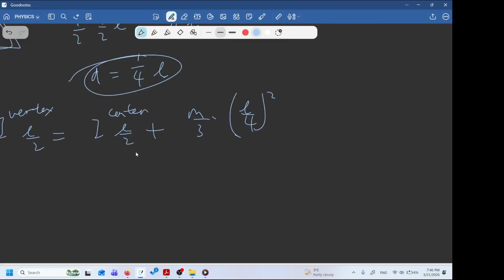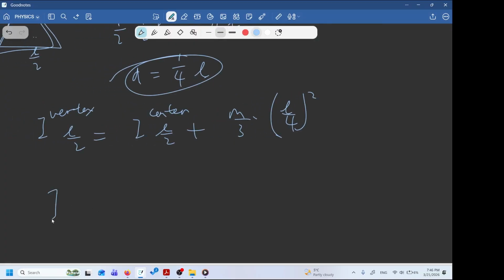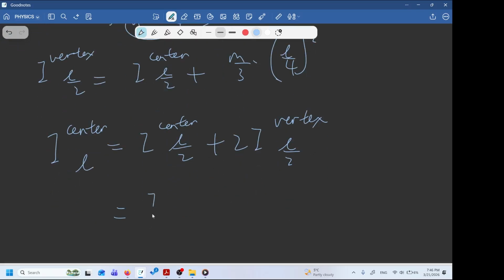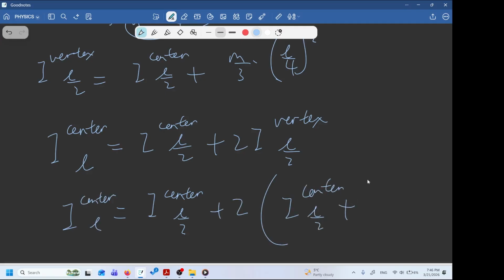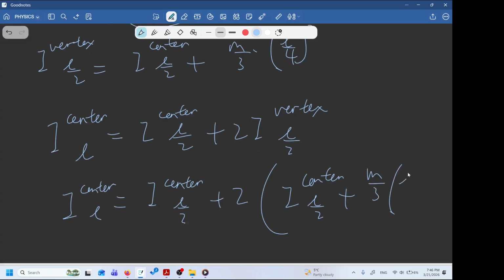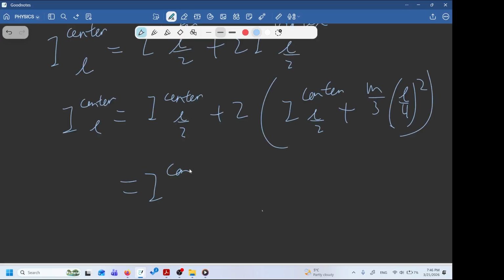And so now let's try to put everything together. We knew that I center L equals I center L over 2 plus 2 I vertex L over 2. And so I center L equals I center L over 2 plus 2 times I center L over 2 plus M over 3 times L over 4 squared. And so now let's try to simplify this.